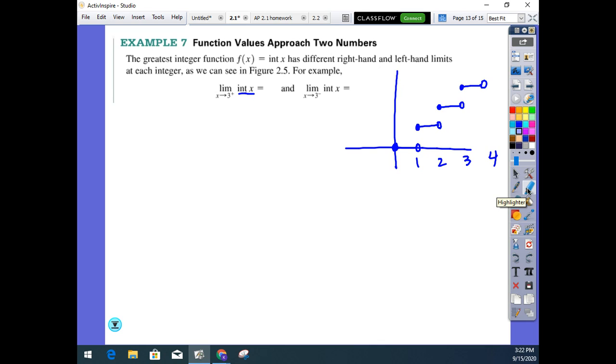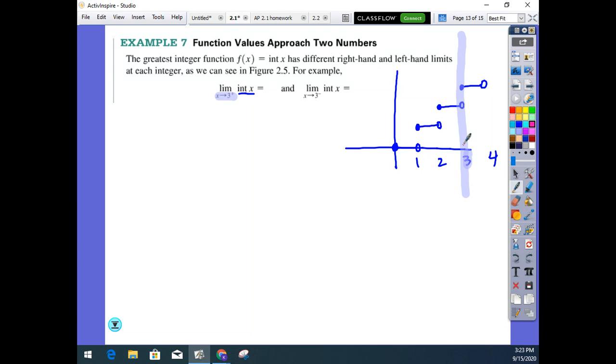On this particular graph, I want to know what y value x is approaching from 3 from the right. So here's where x equals 3. If I look all the way along where x is 3, where is it coming from on the right side of 3?